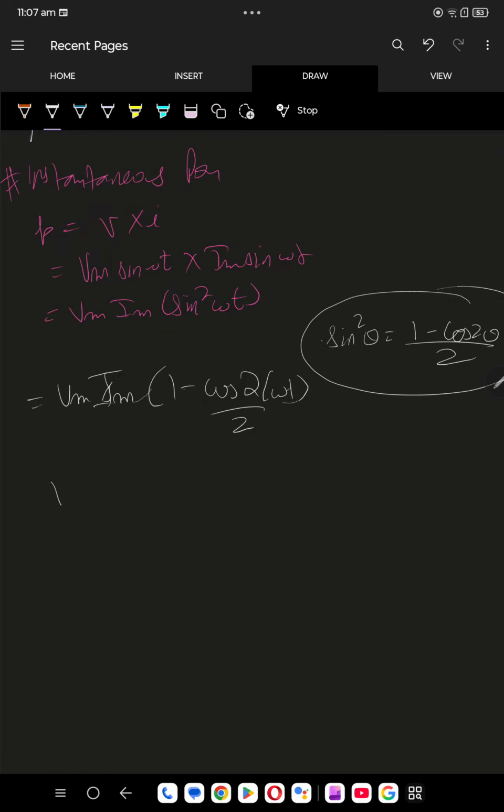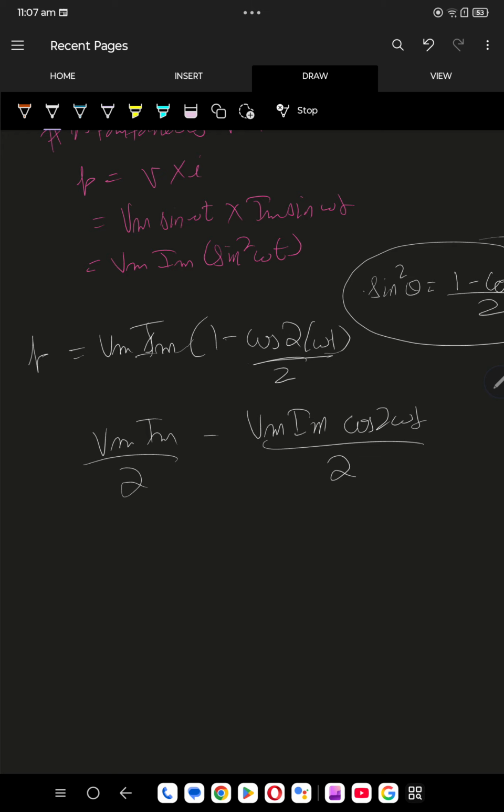Now let's multiply Vm Im through by the 2, so Vm Im by 2 minus Vm Im cos 2 omega t by 2. This is the final power equation. Whichever term has cos omega t or sin omega t is known as the pulsating term, and this is the constant term.